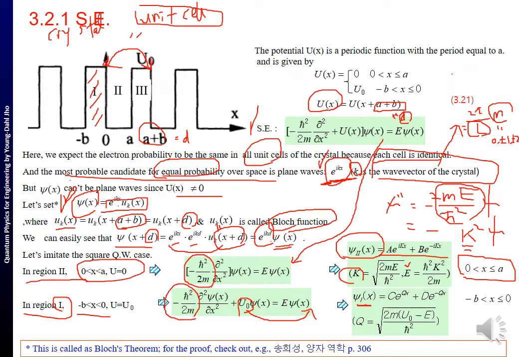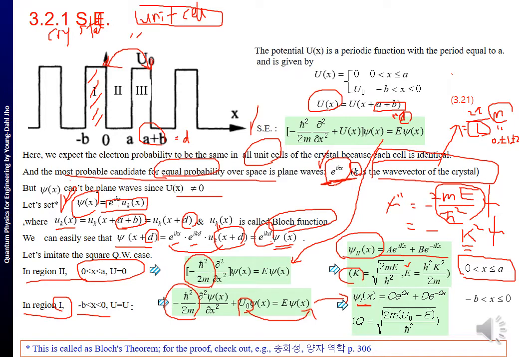This is exactly the same procedure we did for the finite barrier problem previously. So in this case, C e to the Qx plus D e to the minus Qx. Here Q is defined by the square root of 2m(U0 minus E) over h bar squared.